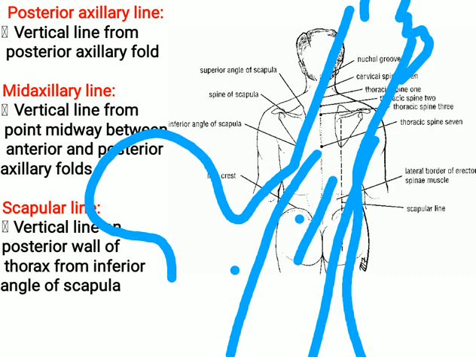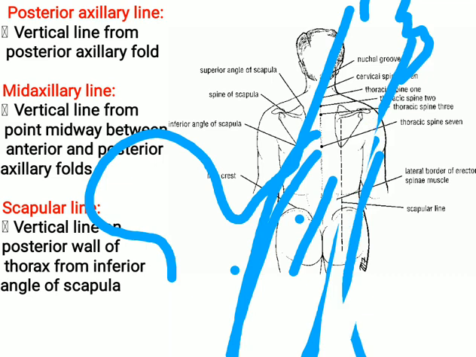In the middle of it, we have the mid-axillary line. The anterior axillary line runs vertically downwards from the anterior axillary fold. This is the anterior axillary line. The posterior axillary line runs vertically downwards from the posterior axillary fold. Then the mid-axillary line runs in the middle of the anterior and posterior axillary folds.